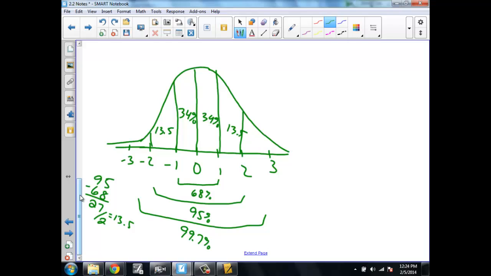So how much more am I gaining between these sections on the end here? So you have 99.7 minus 95 gives us 4.7. We divide that in half, and this section is 2.35.